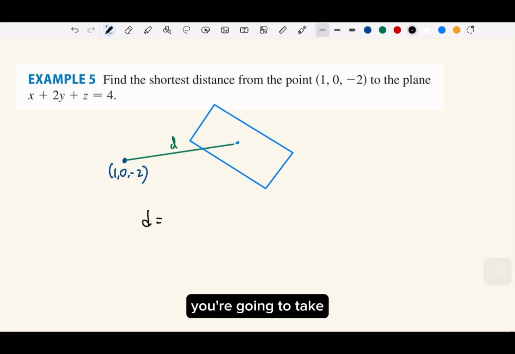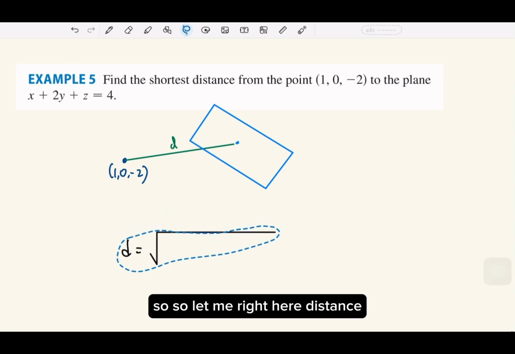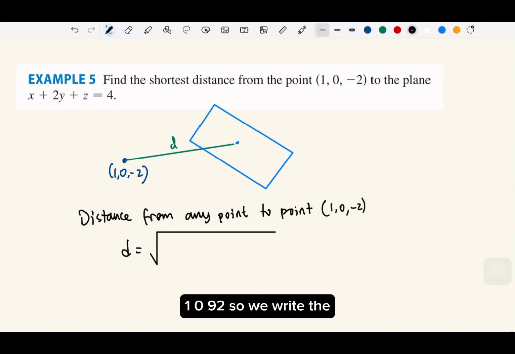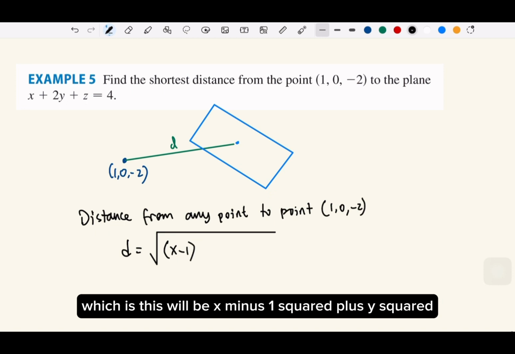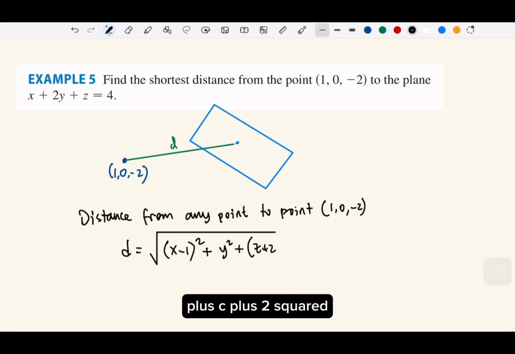Okay, so basically, let me write here, distance from any point to the point (1, 0, -2). We write the definition first for the distance, which will be the square root of (x minus 1) squared plus y squared plus (z plus 2) squared.